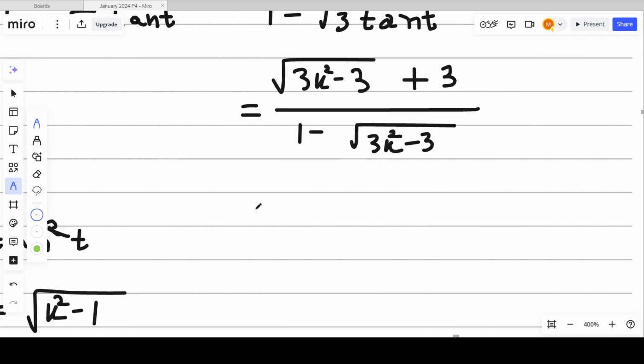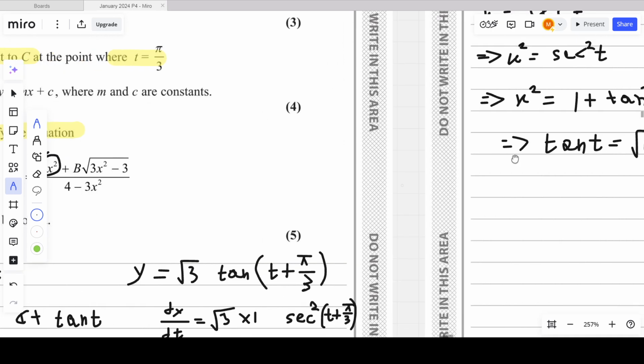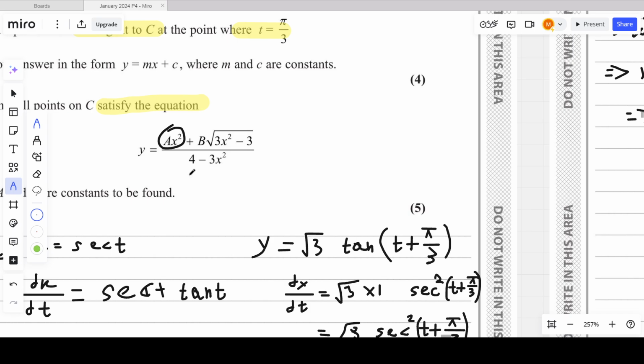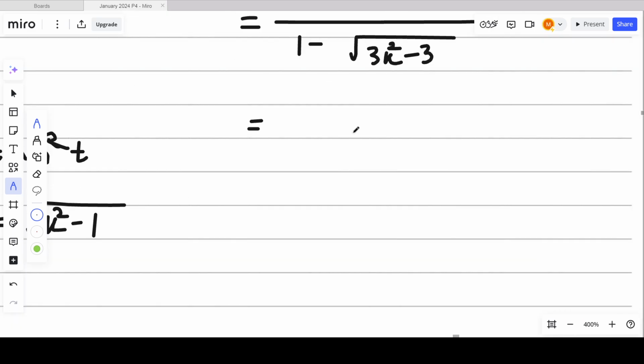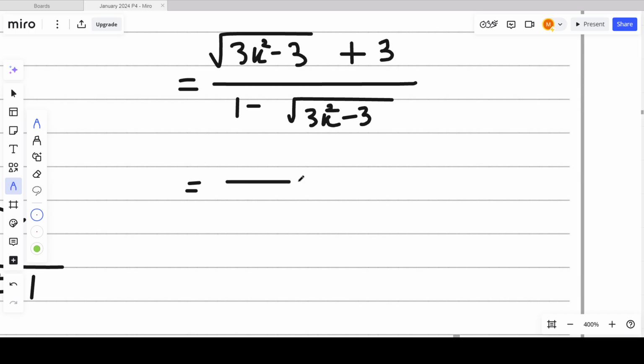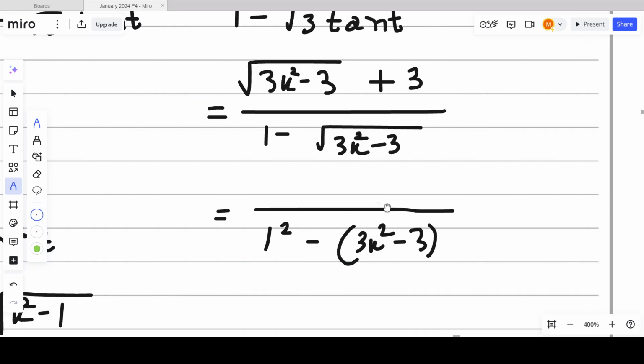Let's multiply the top and bottom by the conjugate pair, because we need to eliminate the square root. The only way we can eliminate the square root is by multiplying by the conjugate pair. So a squared minus b squared would be 1 minus 3x squared plus 3.